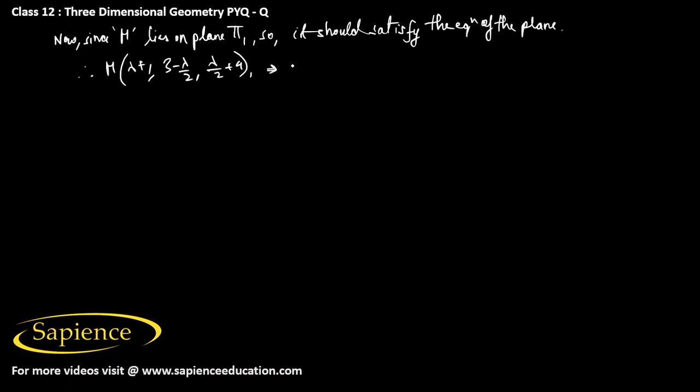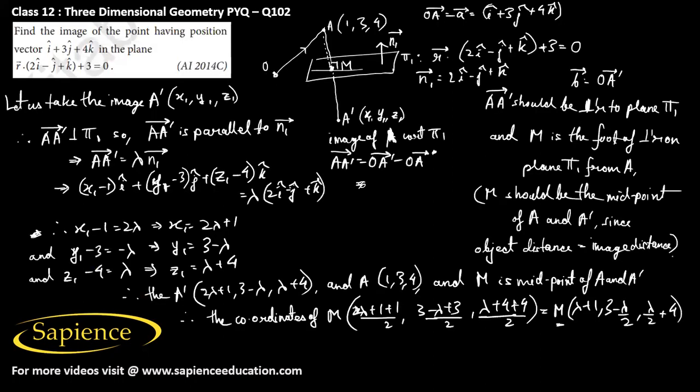Therefore, the position vector of the point M we have to find. The position vector OM will be lambda plus 1 i cap plus 3 minus lambda by 2 j cap plus lambda by 2 plus 4 k cap. We consider this as the R vector, the position vector of the point M, and it should satisfy the equation of this plane.